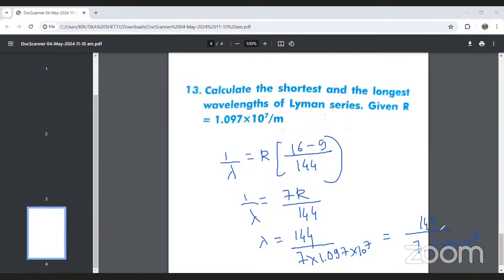Now if I divide 144 by 7.679, it is 18752. So 18752 angstrom. This is for the Passion series. Yes, copy down for the Passion series here, students.